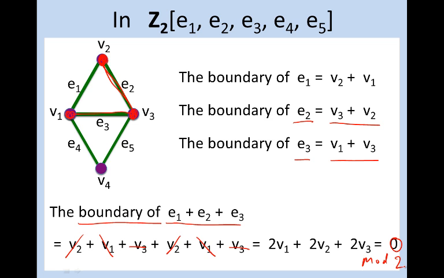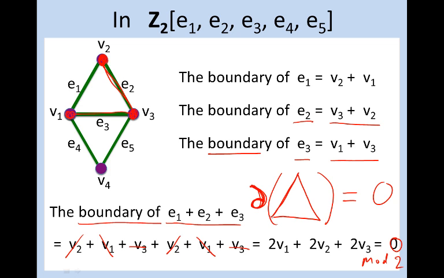Remember, this is what we wanted. Since E1 plus E2 plus E3 is a cycle, it does not have any boundary, thus the algebra gives us what we expect. The boundary of a cycle is 0. Recall that we use this shorthand notation to denote the boundary of an object. So the boundary of a cycle is 0.